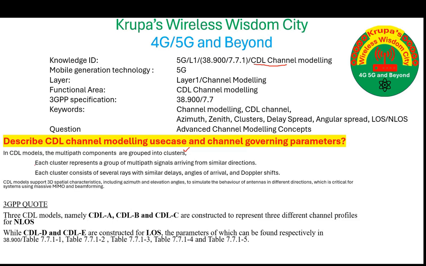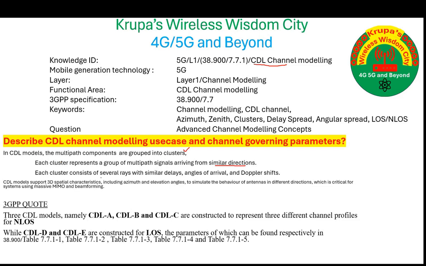Each cluster represents a group of multipath signals arriving from similar directions. We will come to azimuth and zenith, the three-dimensional directions at which they arrive. Multipath signals arriving from similar directions are clubbed together and called a cluster.